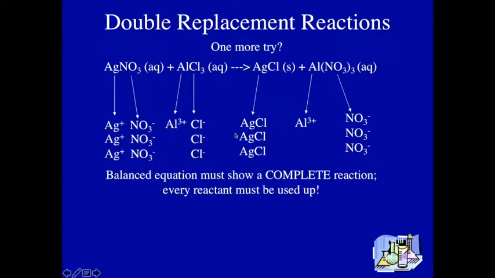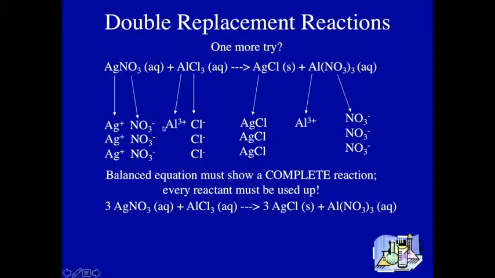And the last thing was every silver finds a chloride, it becomes silver chloride. My reaction would therefore be 3 silver nitrates plus aluminum chloride will yield 3 silver chlorides and aluminum nitrate. I have aluminum, 3 nitrates, 3 chlorides, 3 silvers, everything's balanced.